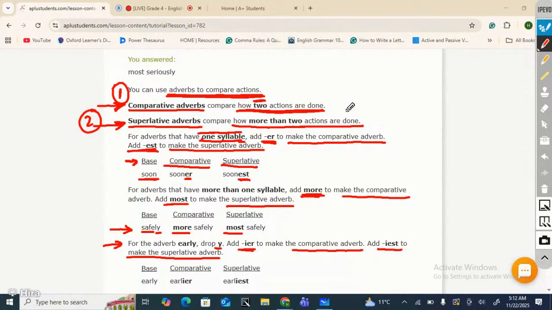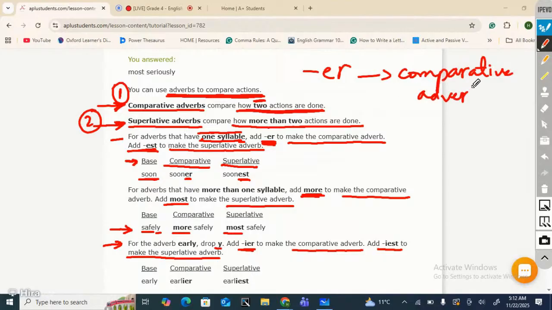So this is the difference between these two. Another point is for adverbs that have one syllable, add er to make the comparative adverb, and add est to make the superlative adverb.